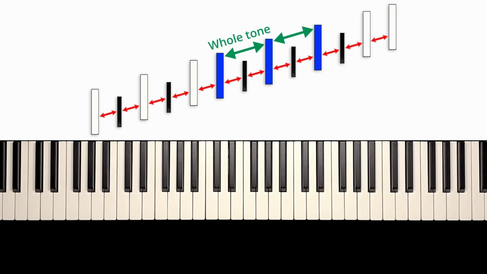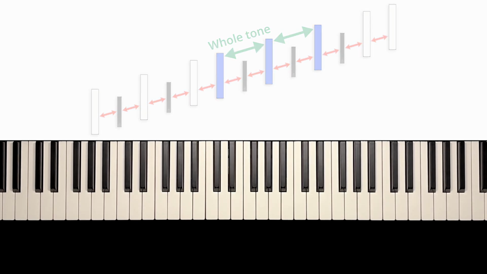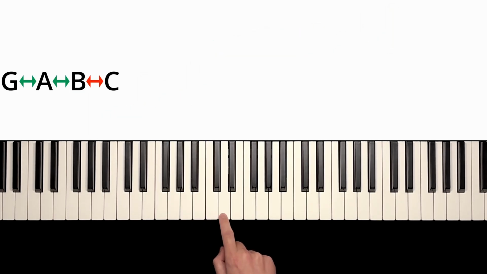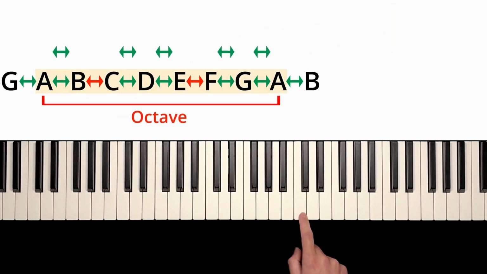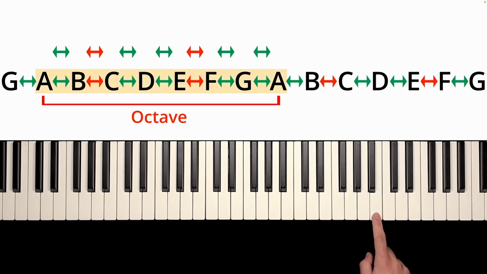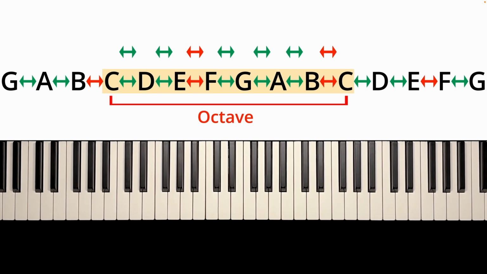So when we play a scale using just the white keys, each octave consists of 5 whole tones and 2 semitones. This is true for both our major and our minor scale.